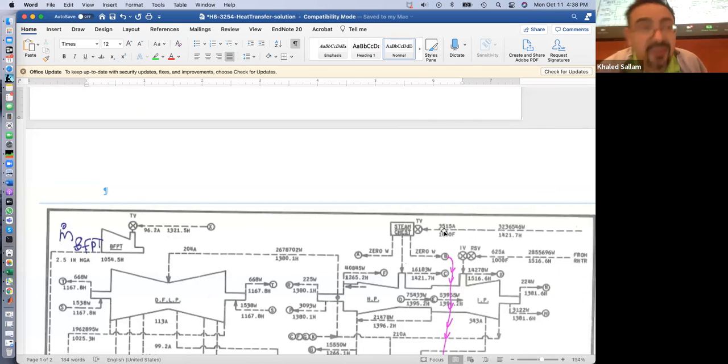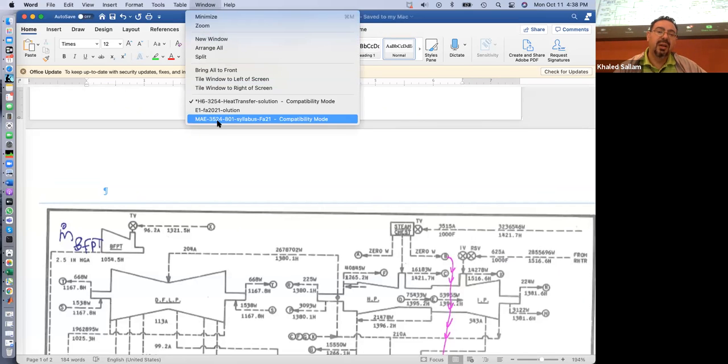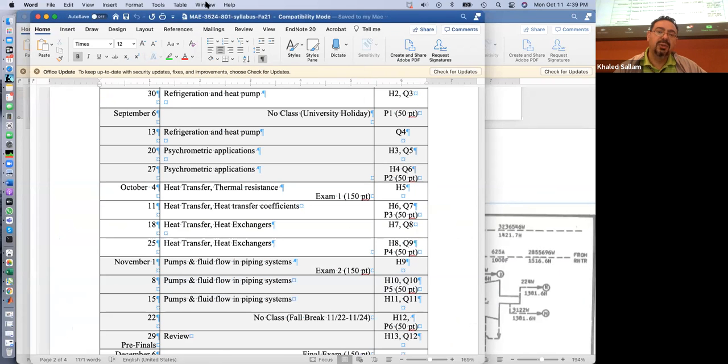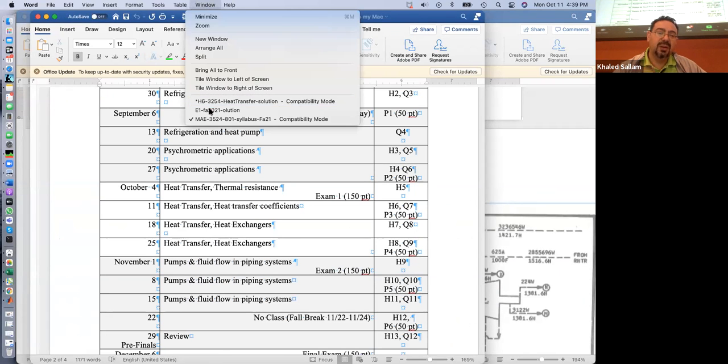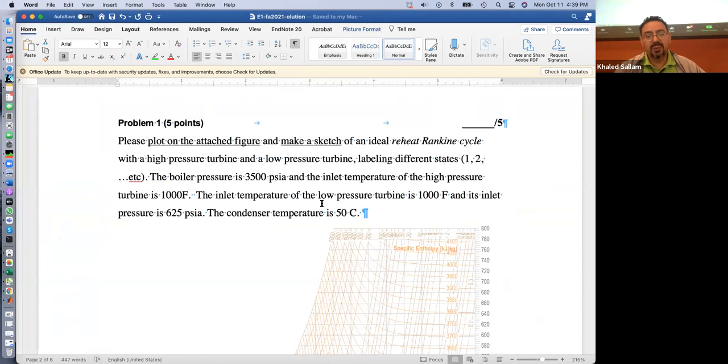So 4,235 minus 3,500 is 700 out of 4,200, or about 1/6, right? So 1/6 pressure drop. That's totally understood. There is a pressure drop, and in real life it will happen, right?